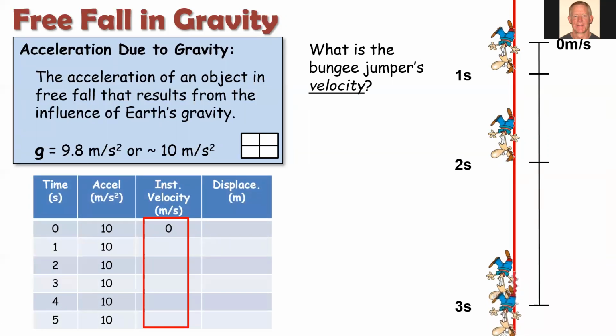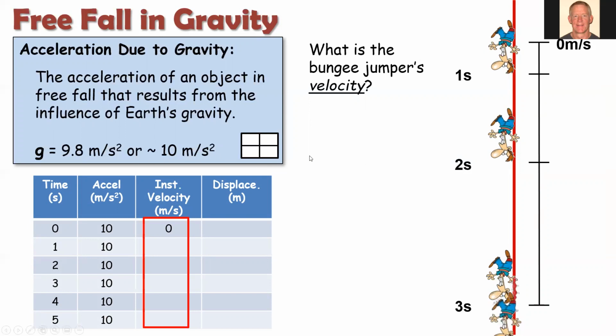So what would be his velocity after each second of free fall? At time 0, when he was at the top of his bungee, his velocity was 0. But once we released him, he began to accelerate. How fast would he be going after 1 second?